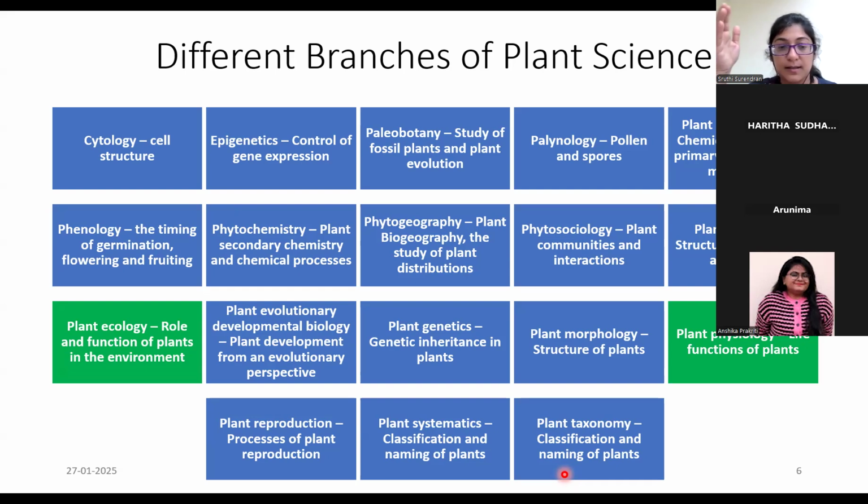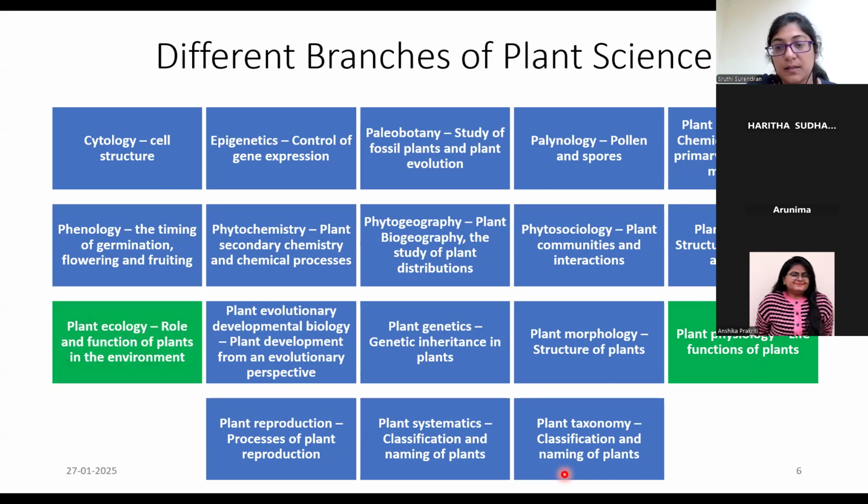So our major focus is the interaction of plant with the environment, and also the basic physiological functions of plant. Our plant modeling class will be going in depth into plant physiology and plant ecology.